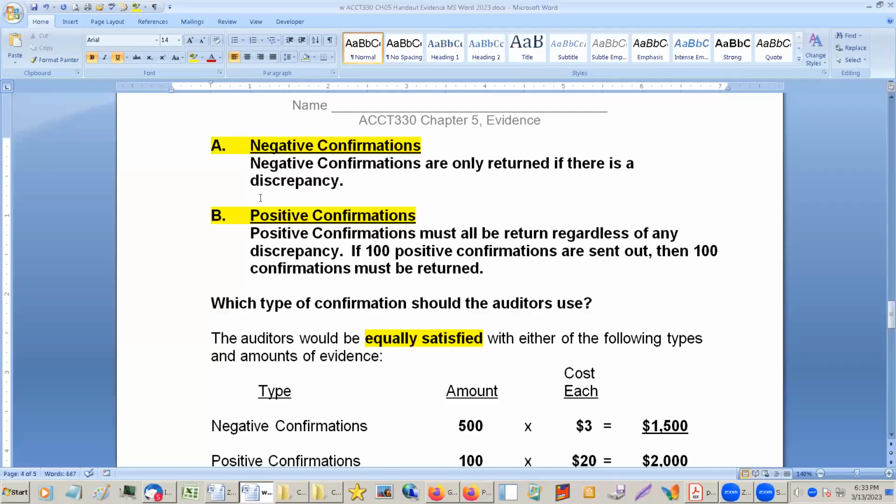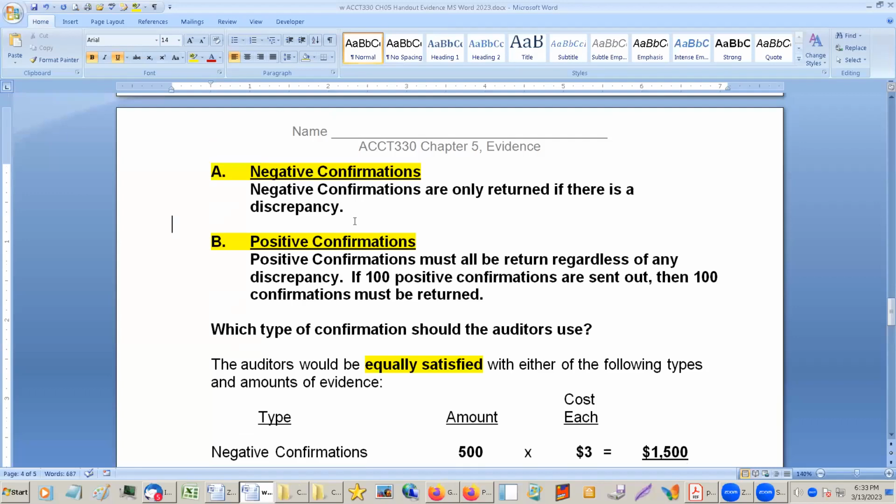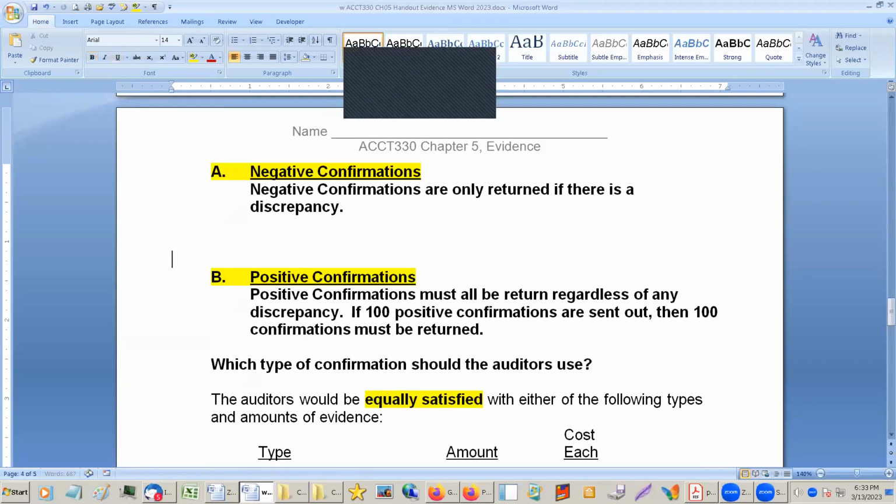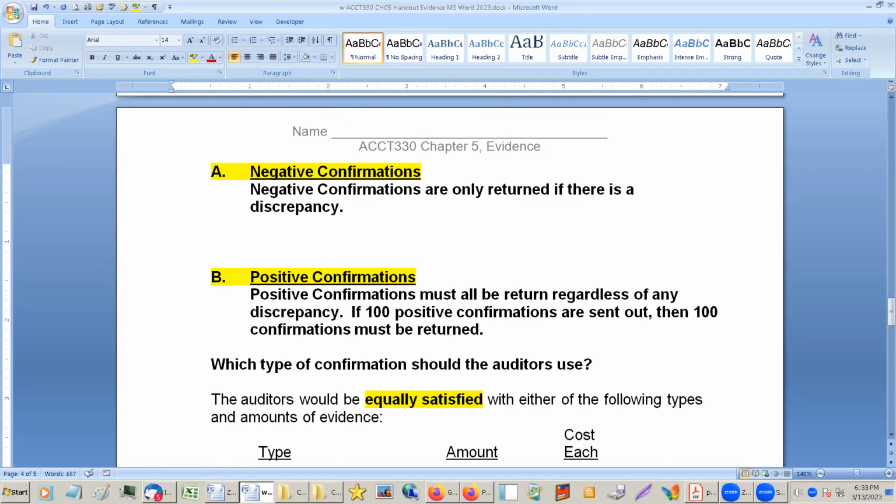Okay, now confirmations. There's one more twist to it that I want to talk about. And that is, when do we use these? Negative confirmations are generally used when there are many accounts and low dollar value.